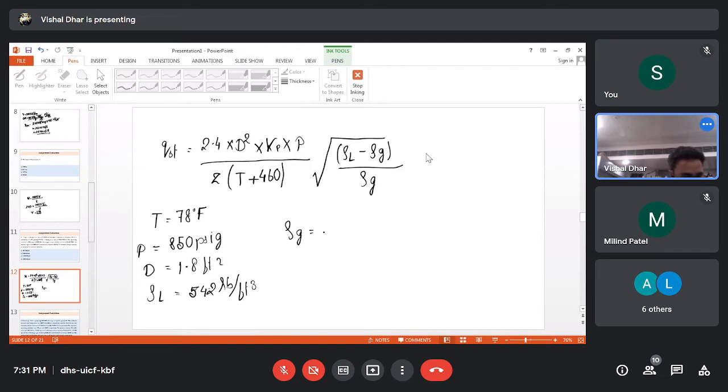Density of gas equal to 0.042 lb per feet cube. Then Z factor is 0.8 and K is given as 0.21. Put all the value in the question and tell me the answer.